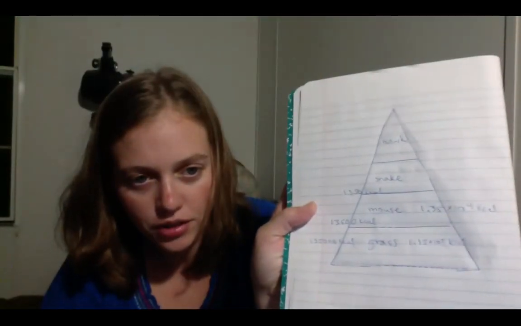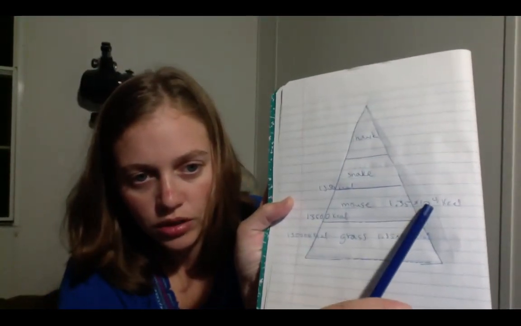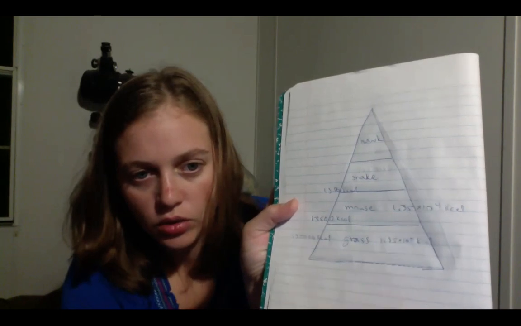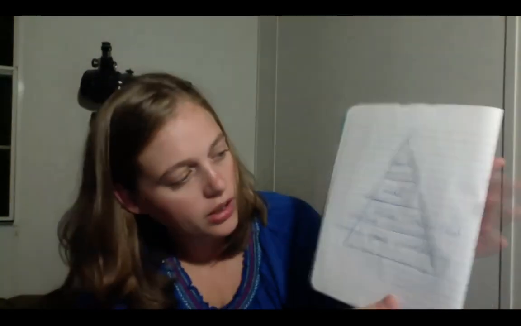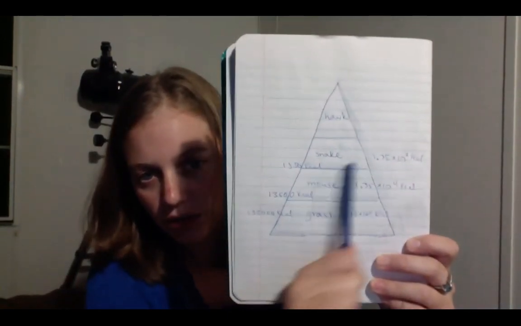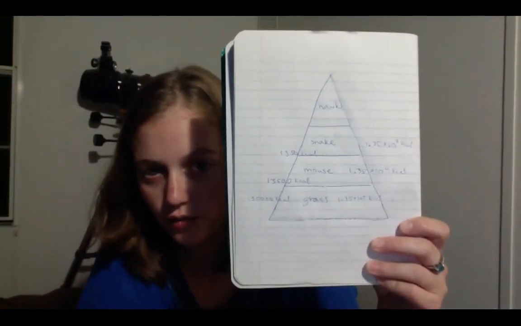So what would that be in scientific notation? Well, again, we're just going to divide by 10 or subtract 1 from your exponent. So you would have 1.35 times 10 to the 3rd kilocalories of energy. And these numbers are the same, they're just written in different formats.